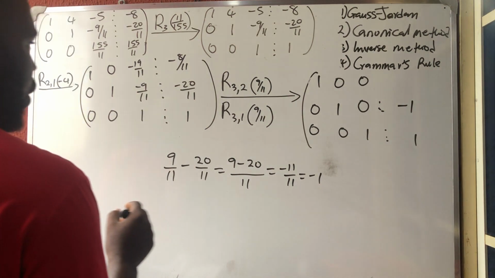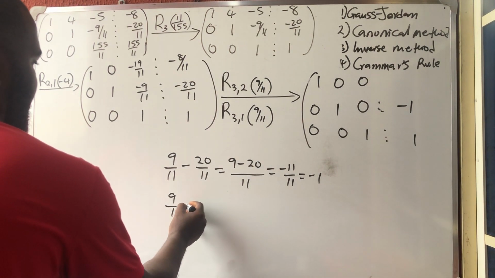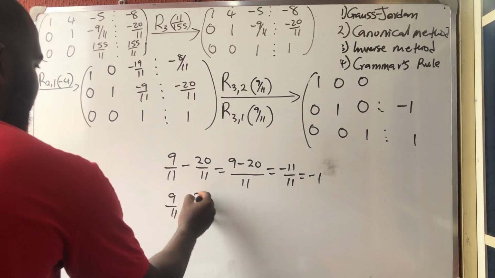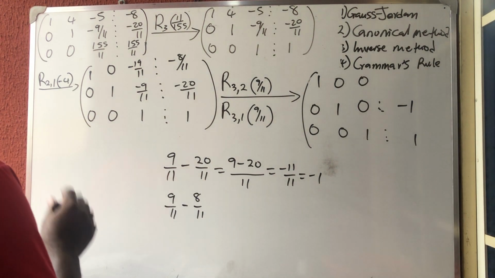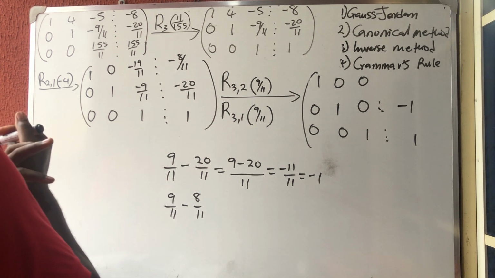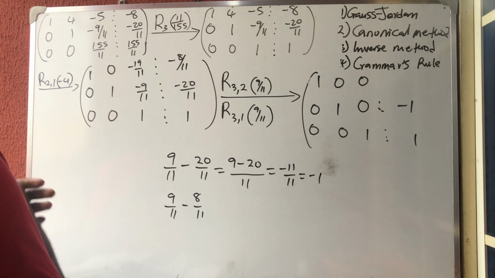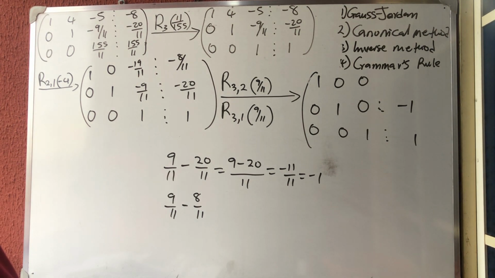So let us check for the upper one. It will give you 9 over 11 minus 8 over 11. So how did we get 8 over 11? Is it minus 8 over 11? So that one is giving me 1 over 11. I think there is a mistake somewhere.